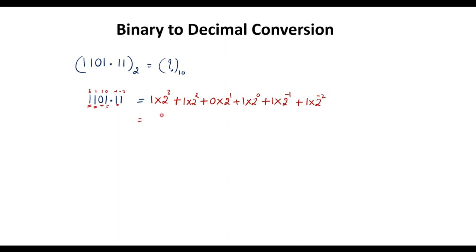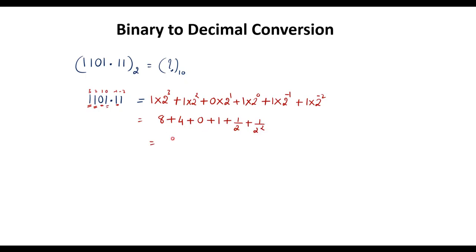Let me simplify. This is 8, this is 4, plus 0, plus 1, plus 2 power -1 means 1 over 2 power 1, plus 1 into 2 power -2 means 1 over 2 power 2.